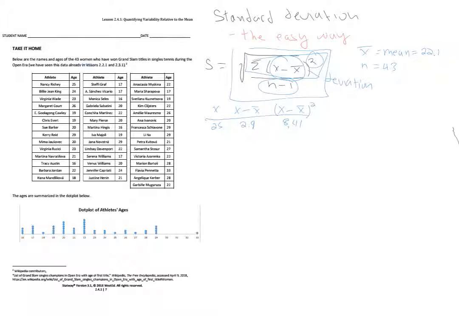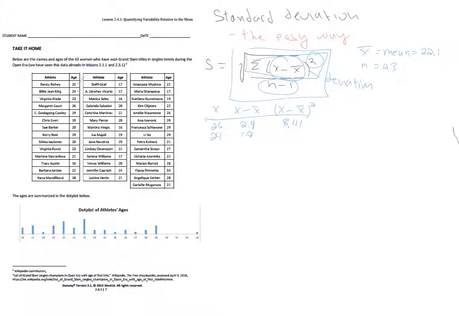We've done 25. The next data value is 24. So I'm going to put a 24, and now we have 24 minus 22.1, which gives us 1.9.